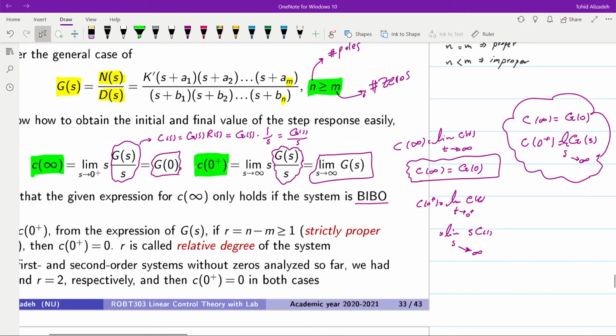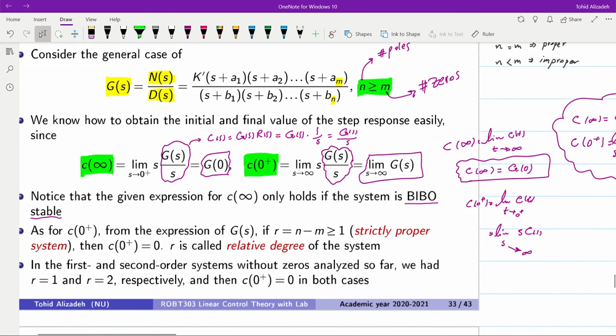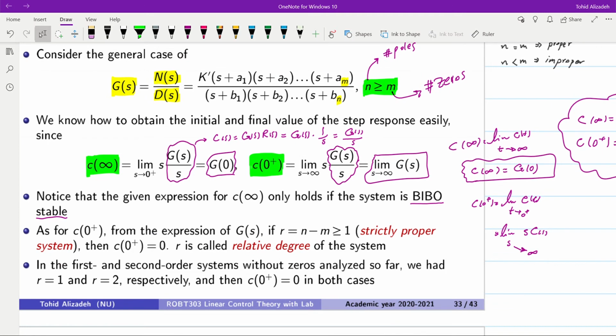So referring to what we have here, we can also say that for the c at 0 plus, the initial value of the response, if we have a strictly proper system, meaning that we have more poles than zeros, or n minus m is bigger than or equal to 1, which is referred to as r, the relative degree.